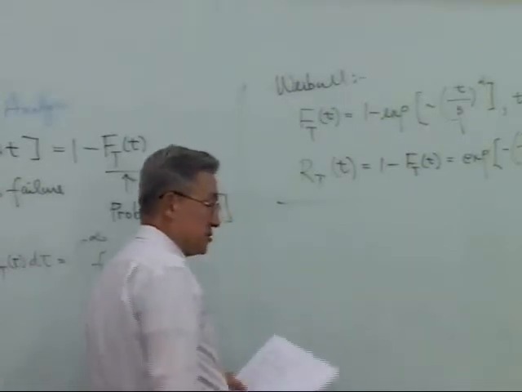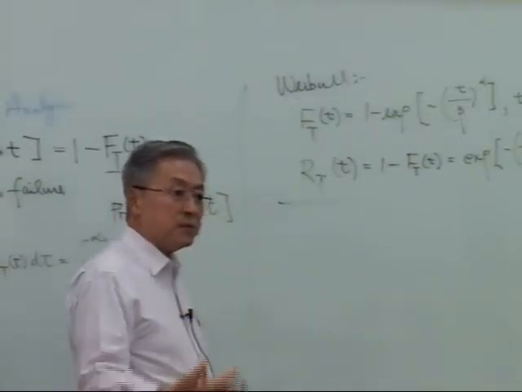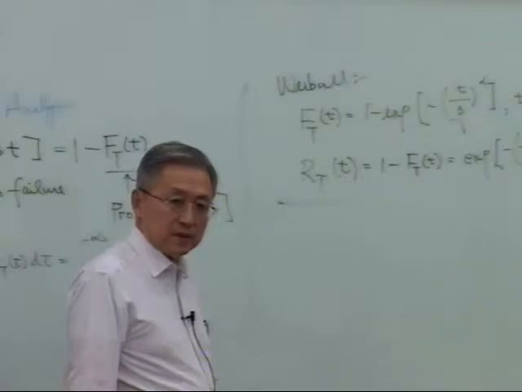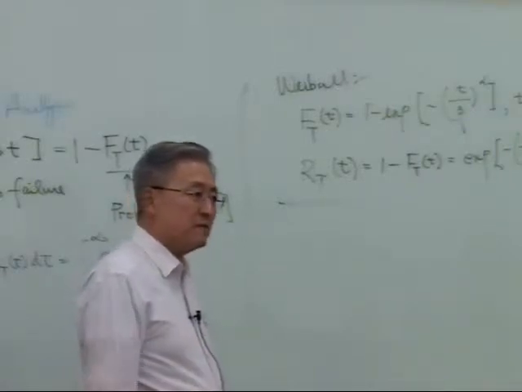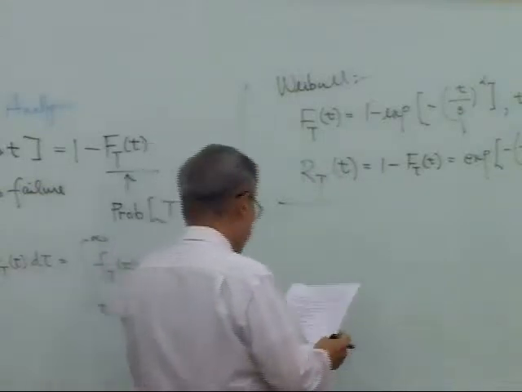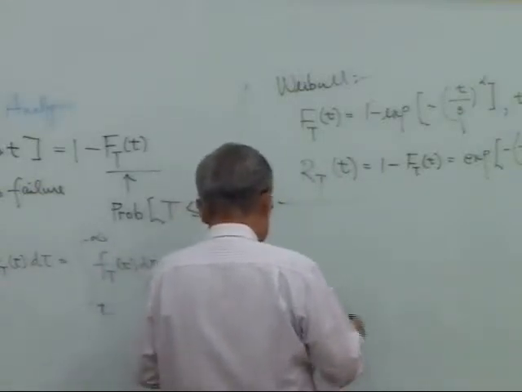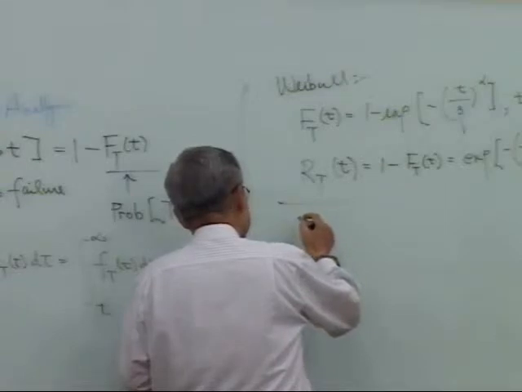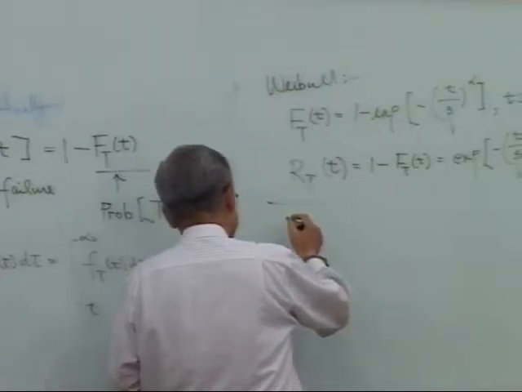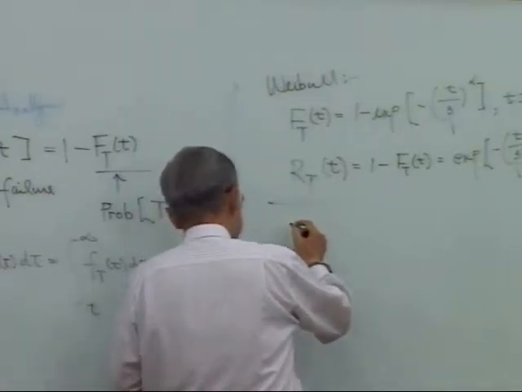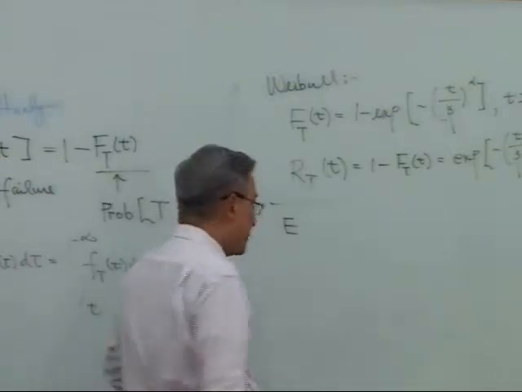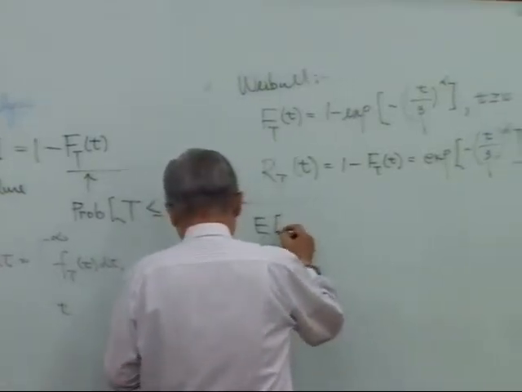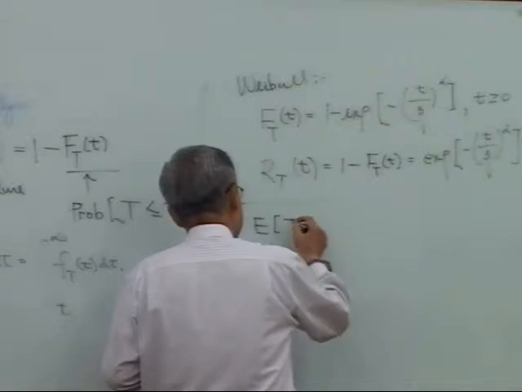Of course, the exponential model is a one-parameter model. You can specialize from Weibull by setting alpha equal to 1. And the usual parameter you handle for time to failure: time to failure is of course a random variable, with an expected value or mean value.